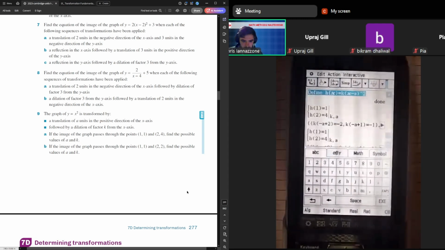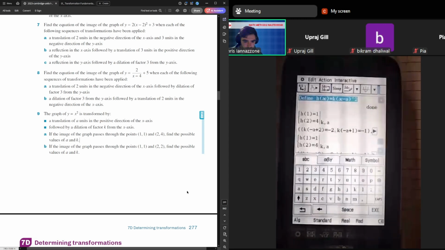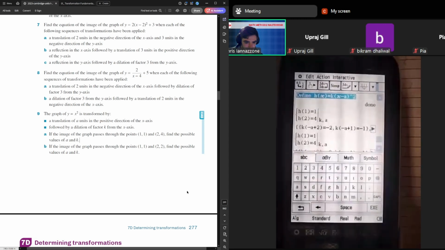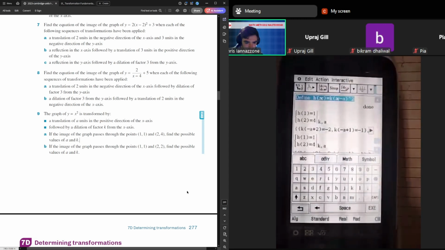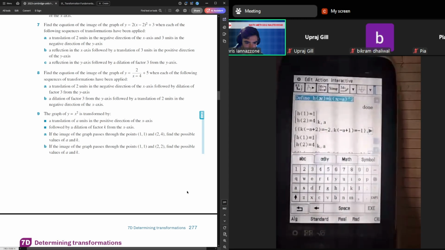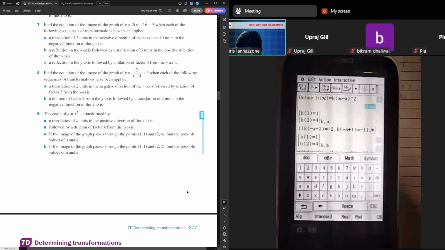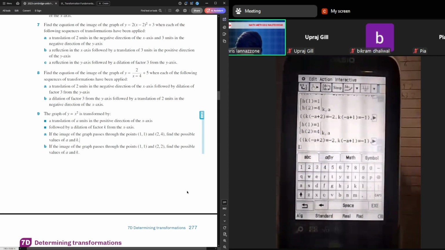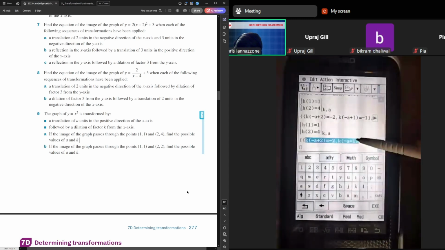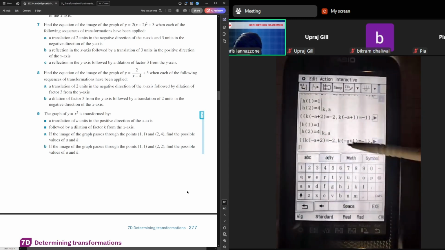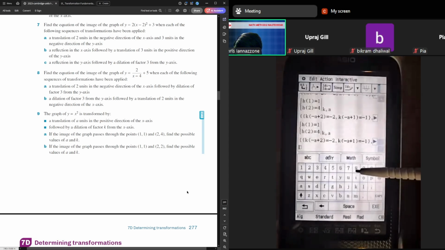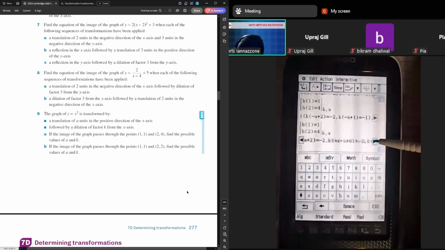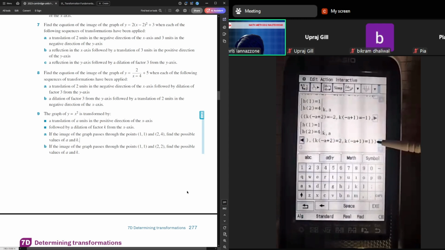I might have to just look at this in my own time. I don't know why the Casio decides to do weird stuff like this. Define h of x. Yeah, I'll suss this out. If I have a good answer for it, I'll make a post about it. But that's how it's supposed to work. Maybe it doesn't like the root portion of it. Actually, maybe that's why, because it's got a lot of commas in there.